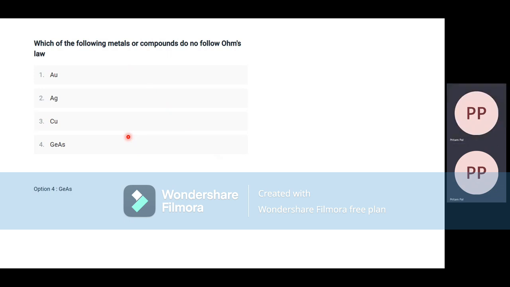But germanium arsenide is a semiconductor, specifically a compound semiconductor. They will not follow Ohm's law. The IV characteristics for this type of semiconductor are always nonlinear. This shows the nonlinearity in their IV relationship. So option 4 is correct.